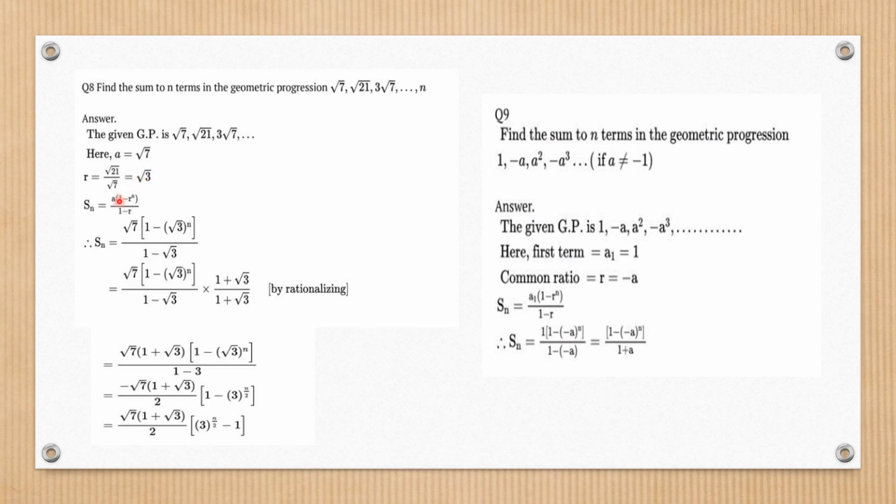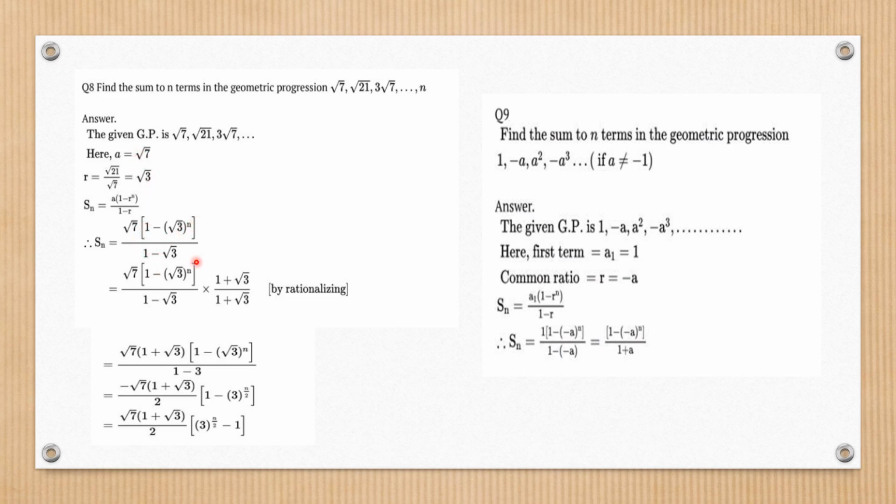So I will use the formula for Sn. As I told you, we can use any one, but for suitability, most times we use this formula. But as r is turning out to be greater than 1, you can use the other one also, but it's okay if you use this formula. So Sn is a into (1 minus r raised to power n) upon 1 minus r. So a is root 7, (1 minus r raised to power n) upon 1 minus r.